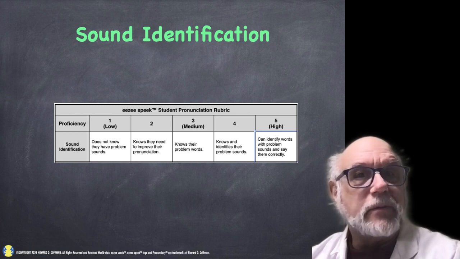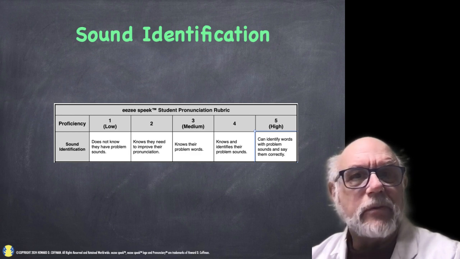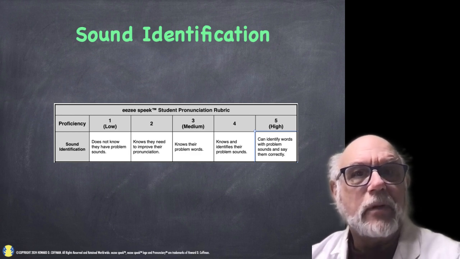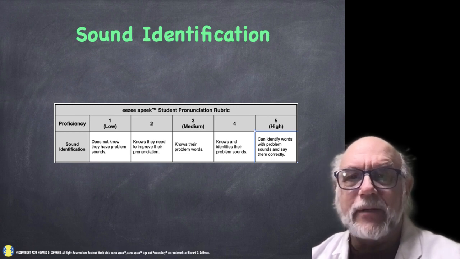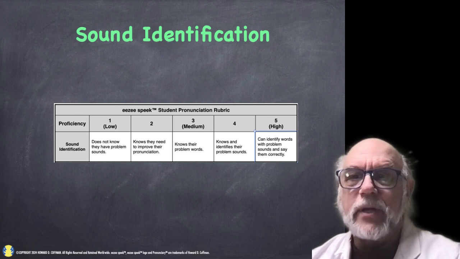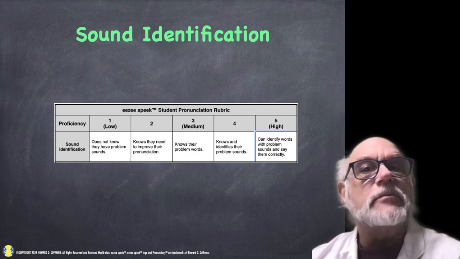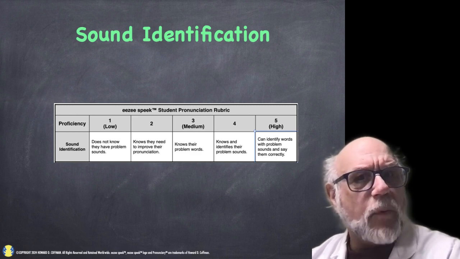If someone like yourself has a list of problem words, you went through that trouble words worksheet, and you've got a list of problem words, you really got something to work with. When you can identify your problem sounds, you've really taken that to the next step. We'd rate that as a 4.